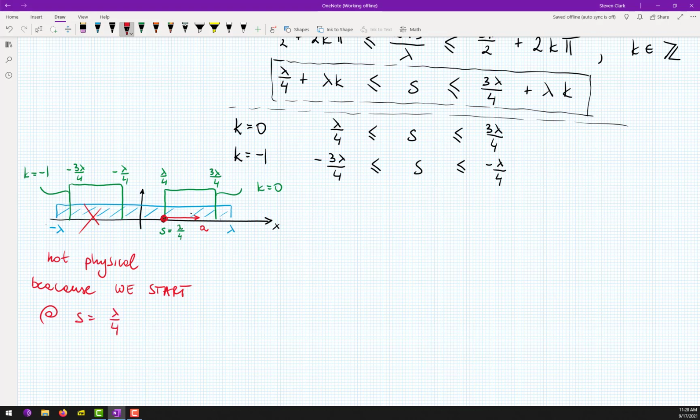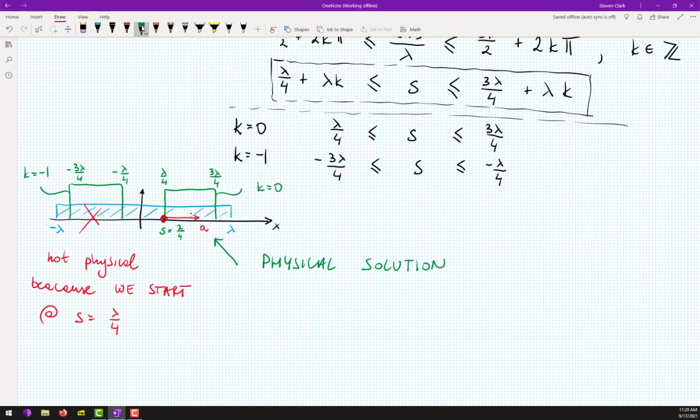So we cannot jump to another region. We must stay in this region. And that guy is, by the way, physical. This is okay. Physical solution.